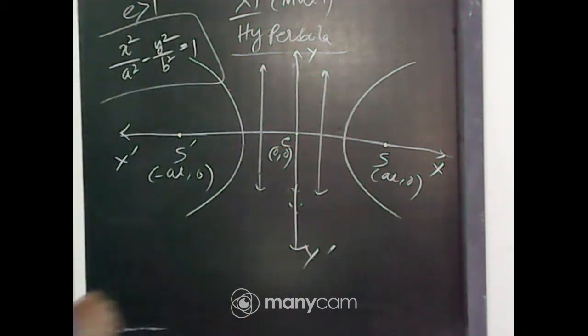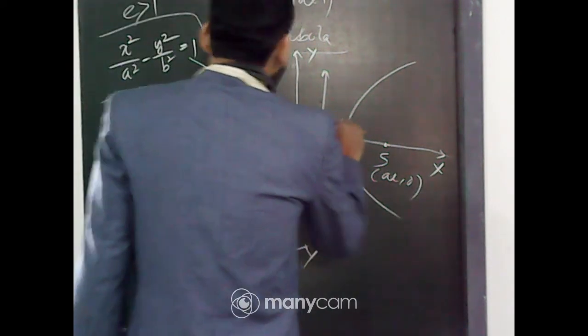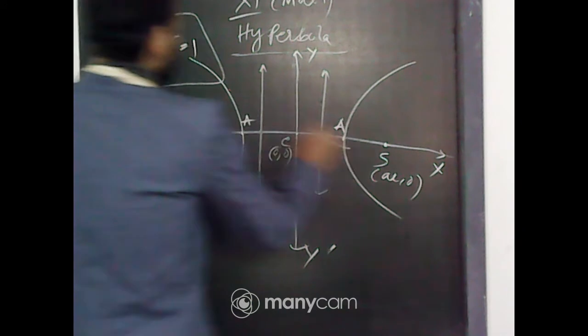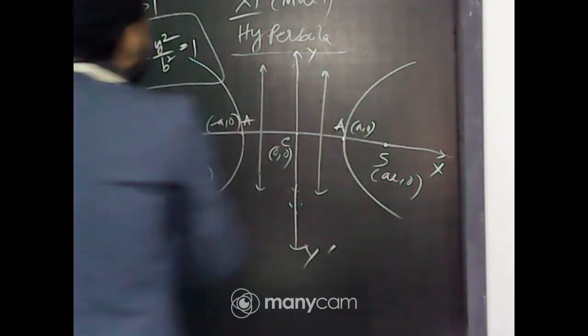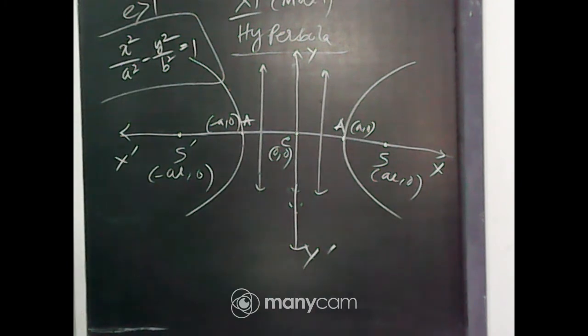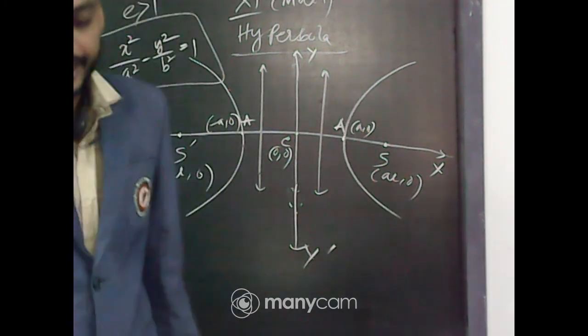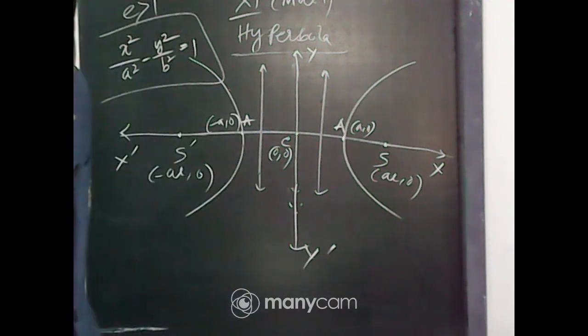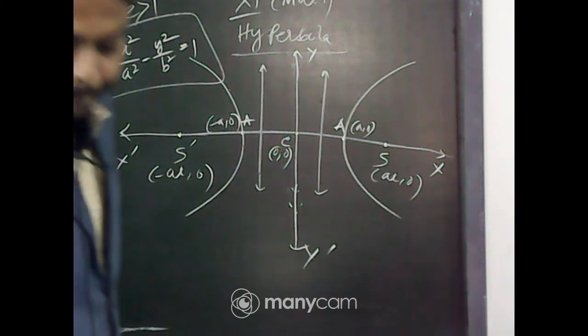Next, the vertices A and A dash are (a, 0) and (minus a, 0).